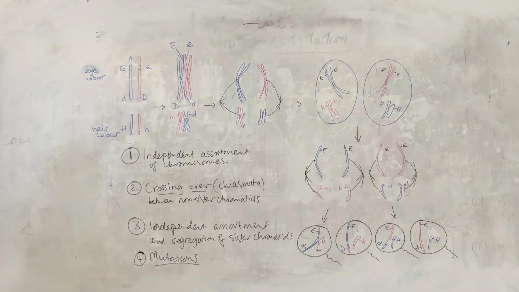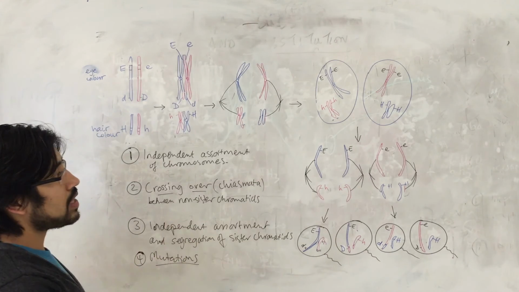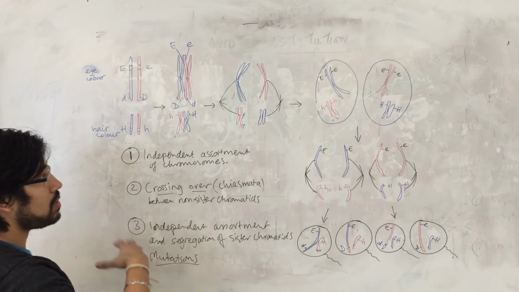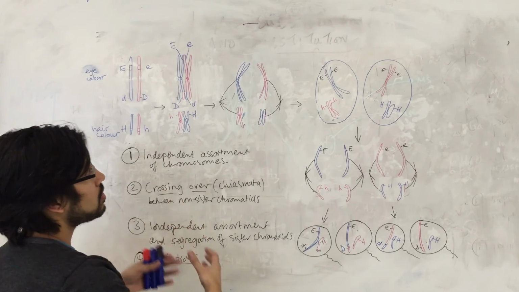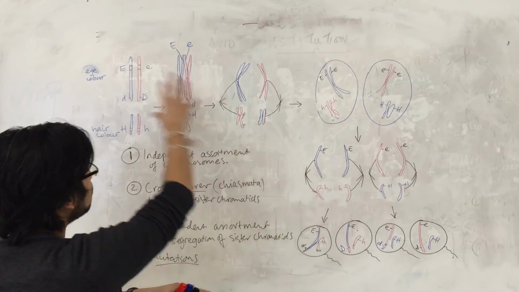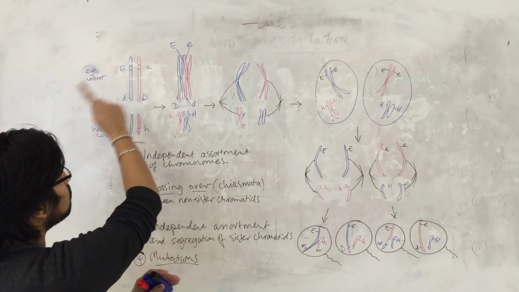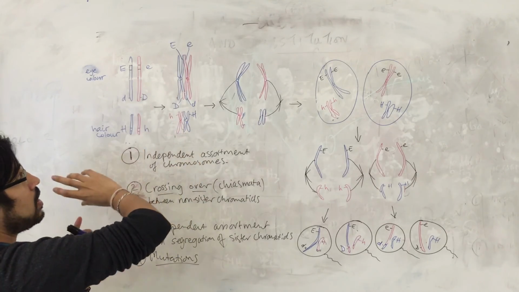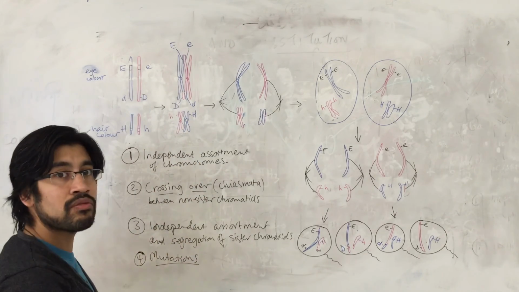Yeah. So other things that could happen are mutations, and mutations can occur before all this happens. When the DNA is replicating to form these bivalents, there could be other rearrangements of the DNA that could occur.